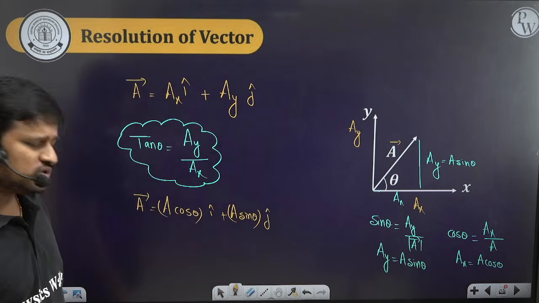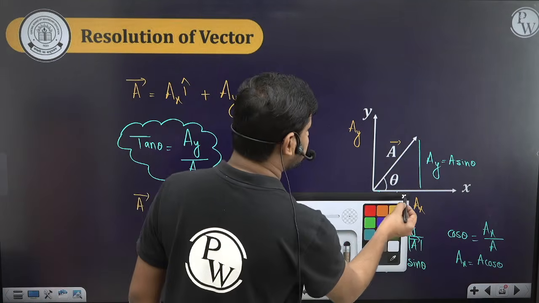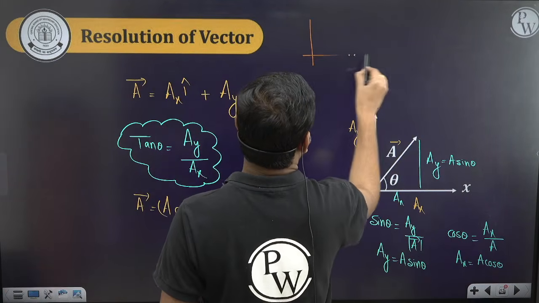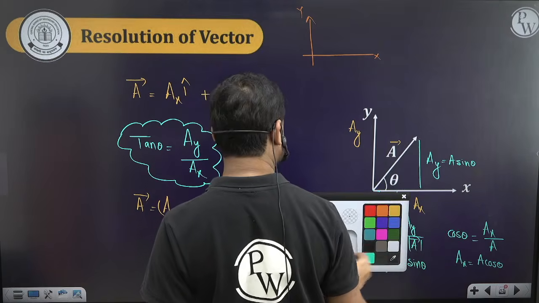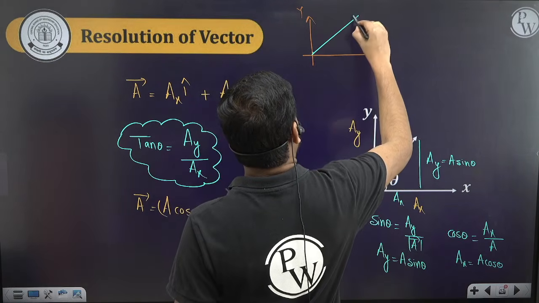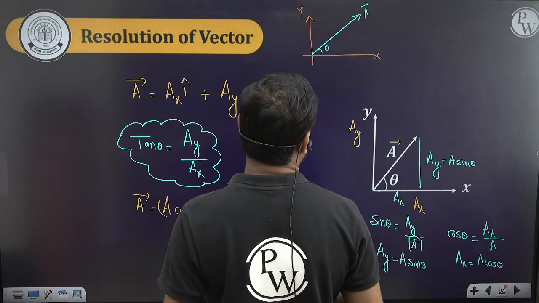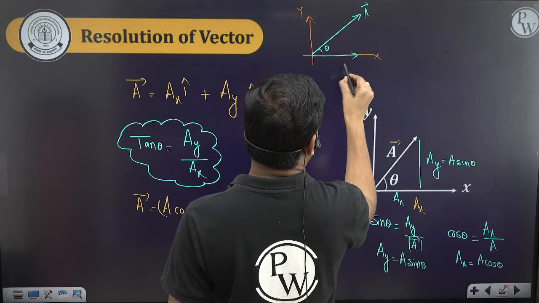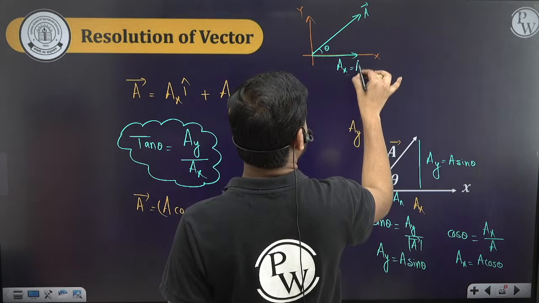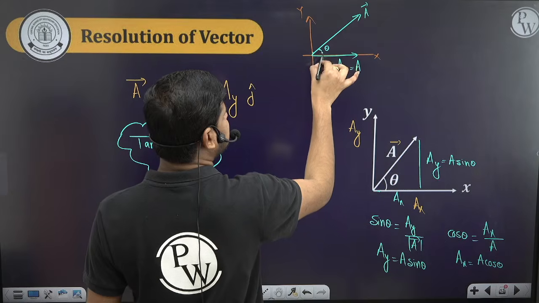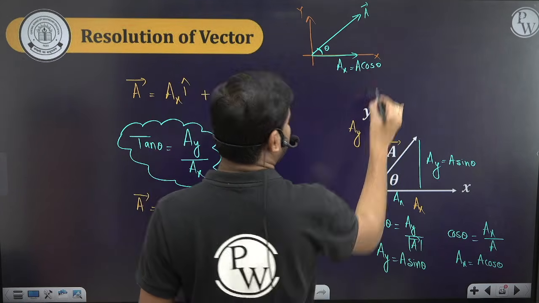This is a mathematical method, but the simple way you can remember the resolution of vectors is this: there are the x axis and y axis, and a vector A making an angle theta like this. Its x component AX equals its magnitude A, and to whichever side theta is there, that side's cos component will come, A cos theta.